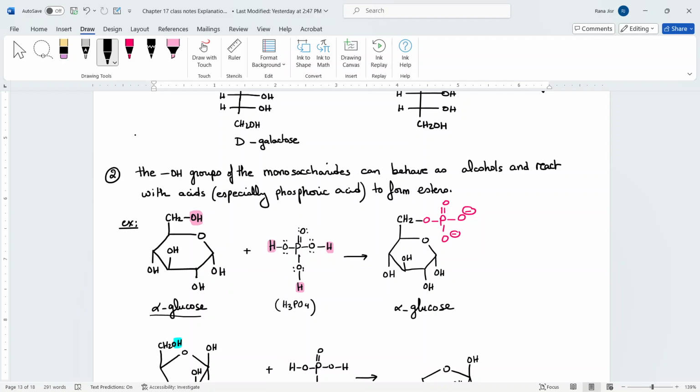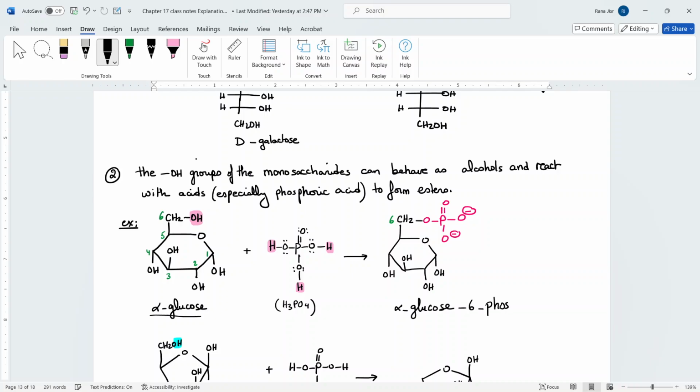Okay, and it's going to be on carbon number 6 because the reaction is on carbon number 6 in there. This is the reaction. So it's going to be 1, 2, 3, 4, 5, and 6. So that is going to be carbon number 6. So you have to specify where your phosphate is. And your phosphate is on carbon number 6.